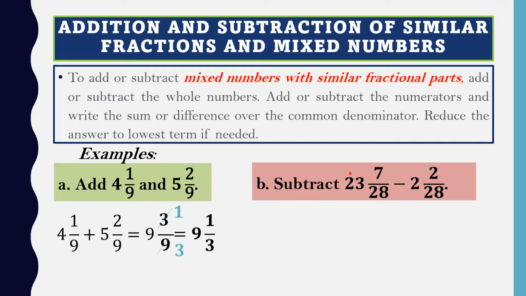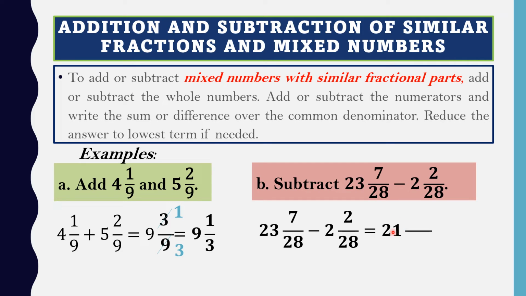Example B. We are going to subtract this time. Subtract 23 and 7/28 minus 2 and 2/28. So we write them horizontally again, and there is the difference between 23 and 2 for our whole numbers. So 23 minus 2 is equal to 21.